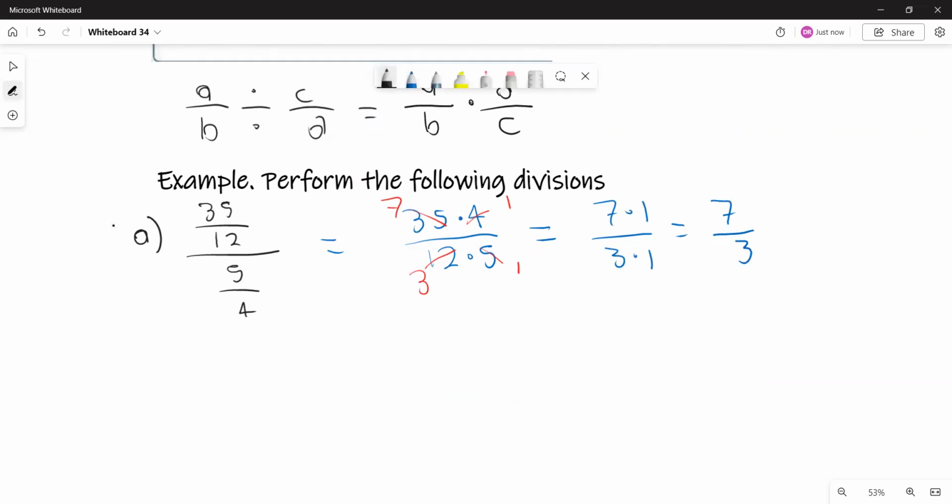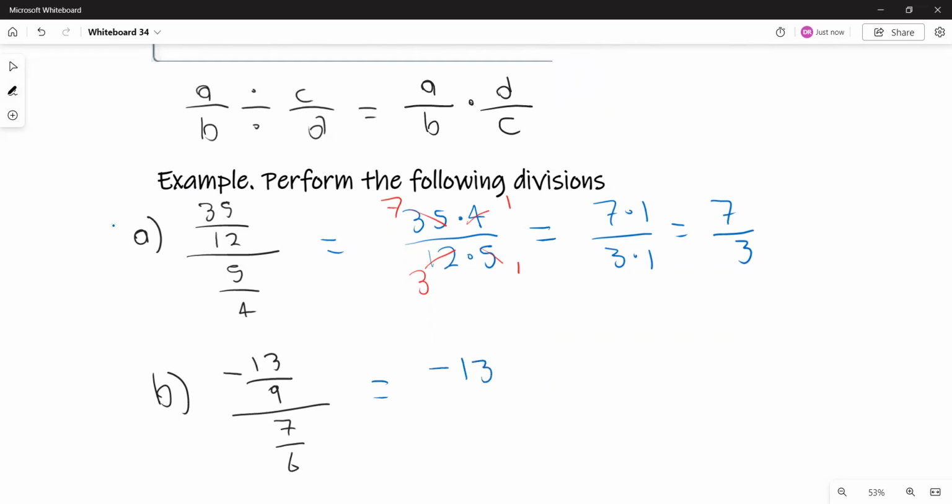And last one for today, I will finish the section next time. It's negative 13 over 9 over 7 over 6. Okay, so that is going to be negative 13 times 6 over 9 times 7.